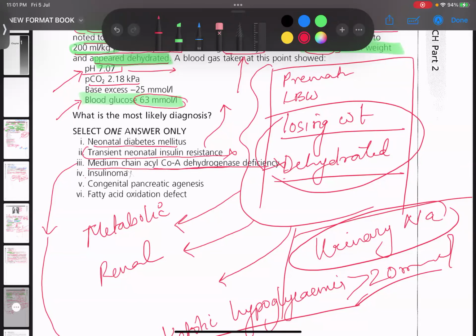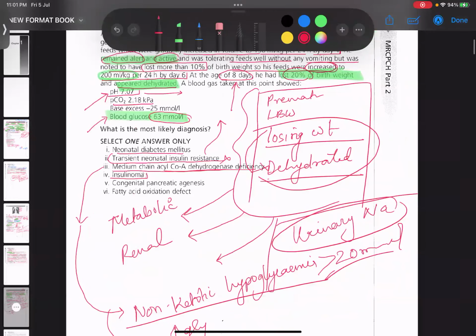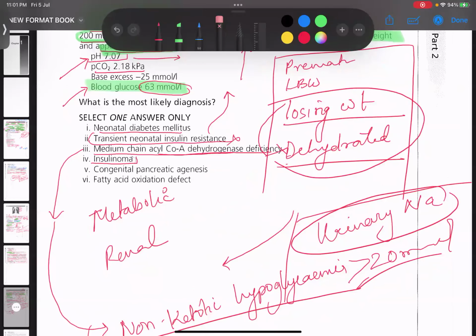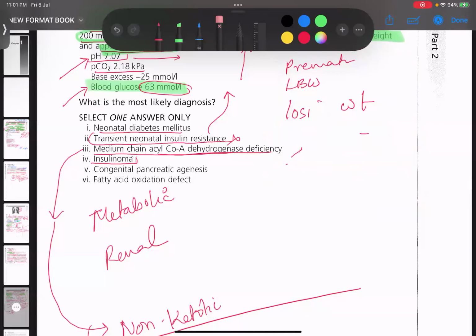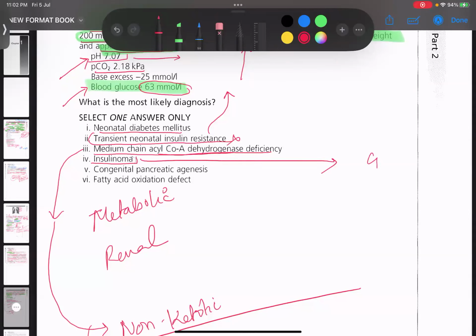What about insulinoma? Why are we not considering that this could be a case of insulinoma, excessive production of insulin from any kind of tumor? It will present with hypoglycemia, repeated hypoglycemic episodes. And in that case, what is the glucose infusion rate limit we have?